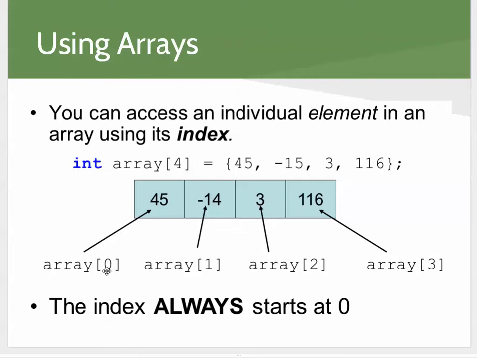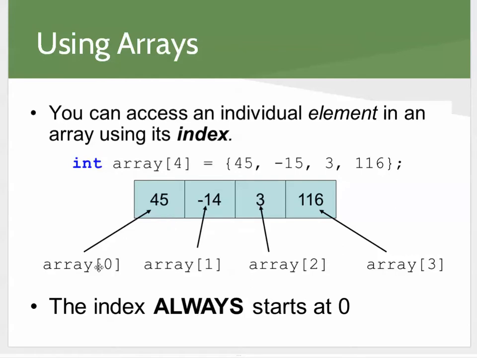Notice that it starts at 0. That's very important. The first element always is subscript 0, followed by subscript 1, 2, and 3. So if I create an array of size 4 with 4 separate values in it, the only valid indexes that I have are 0, 1, 2, and 3. Our numbering system always starts at 0 when accessing this.